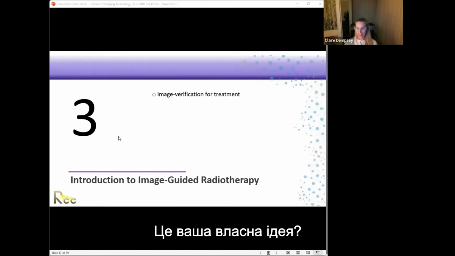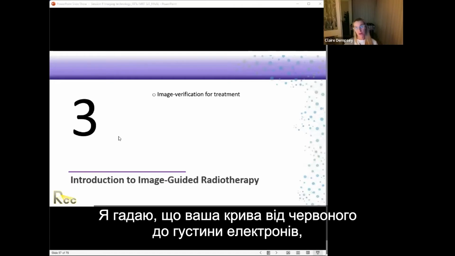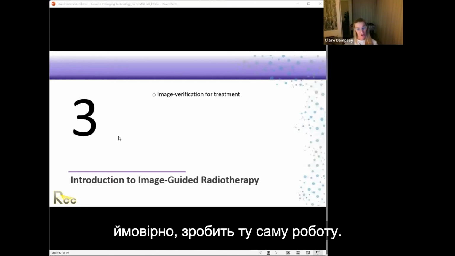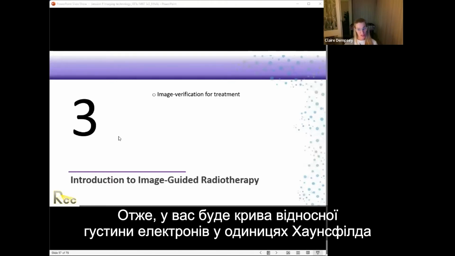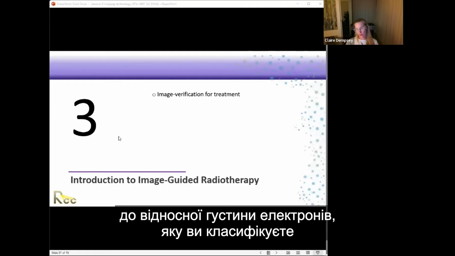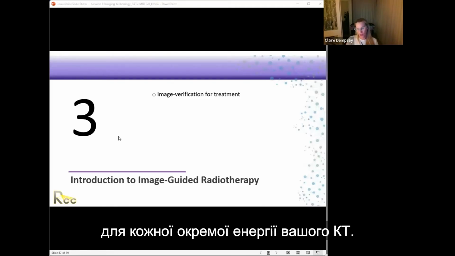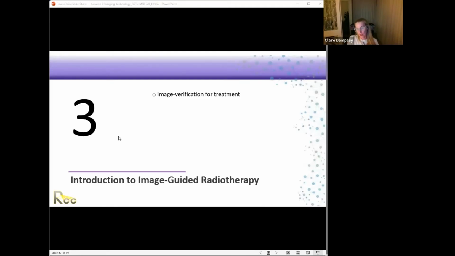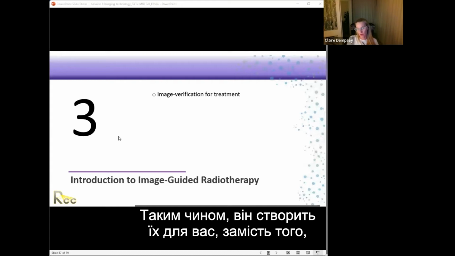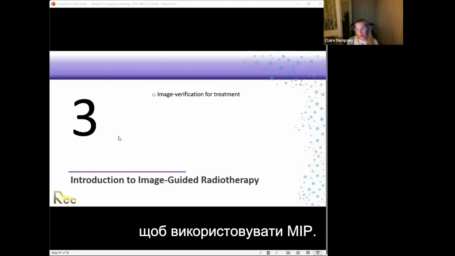Oh, it's your own idea. Chris, you're super clever. I would think that your RED to HU curve would probably do the same job. You'd have your Hounsfield unit to relative electron density curve that you would categorize for each individual energy of your CT unit, and it would create those for you rather than having to use an MIP.